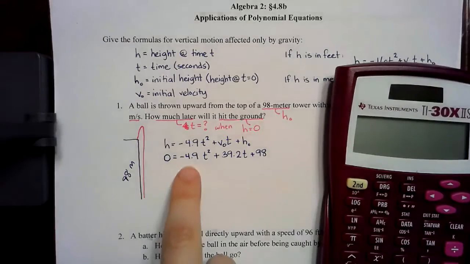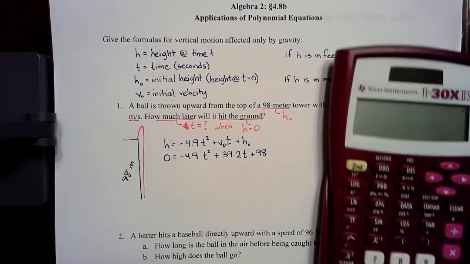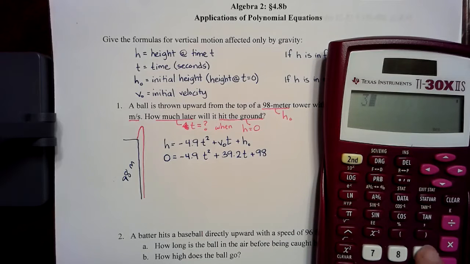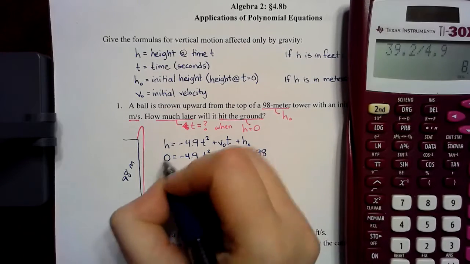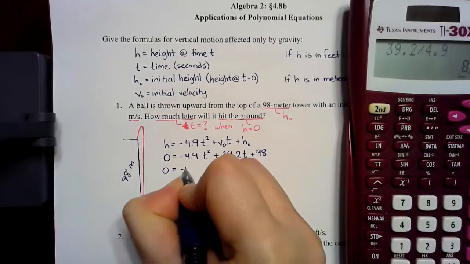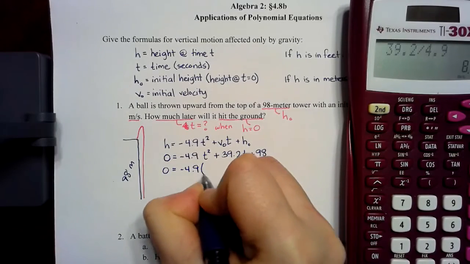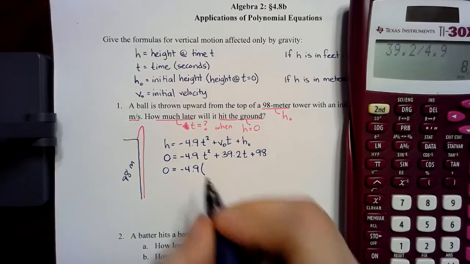And I'm always going to check and see, is there really a GCF that I can pull out? So let's see, 39.2. Does that divide evenly by 4.9? It does. So what happens if I pull that out?